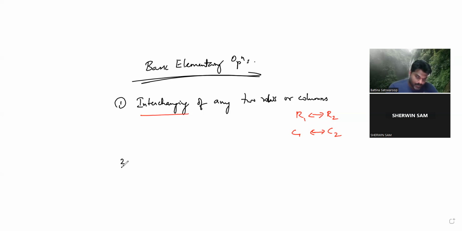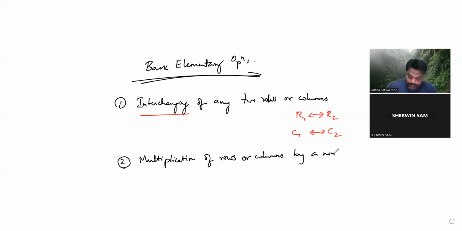Number two, you have multiplication of rows or columns by a non-zero number. So for example, let us say there is R1.